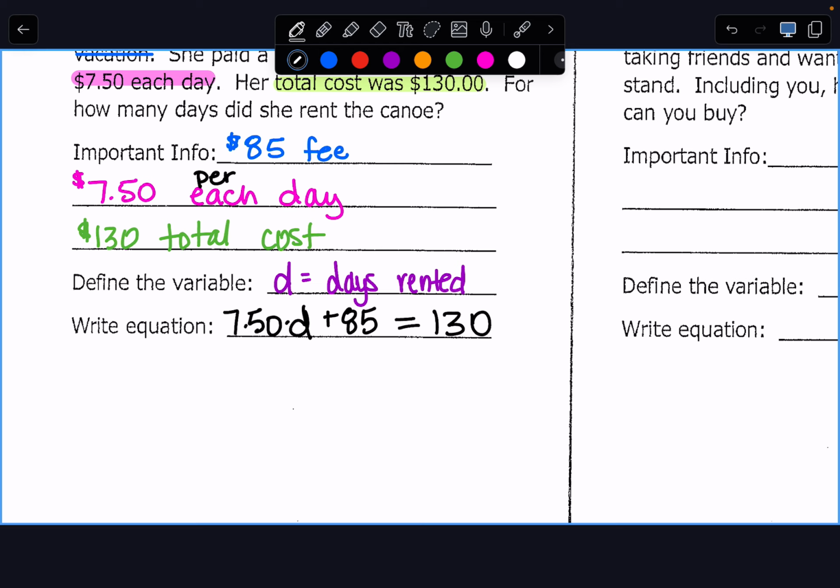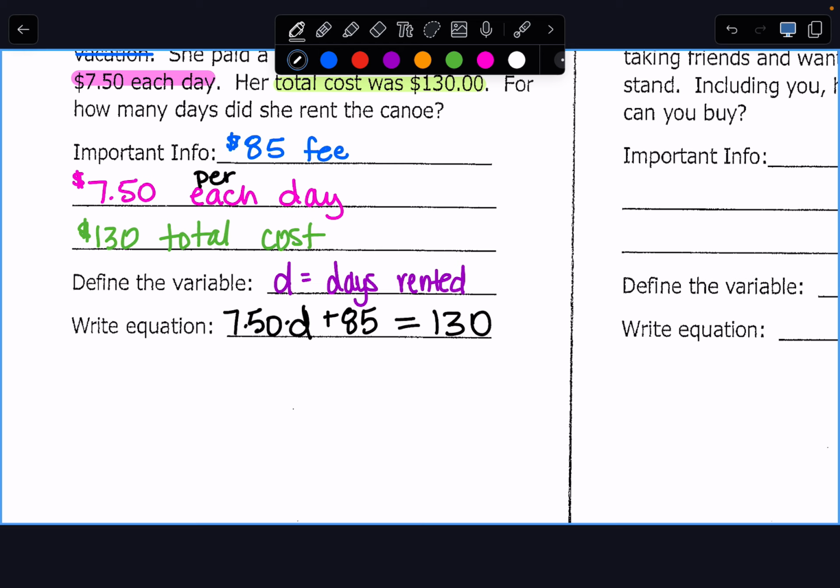Okay. Now, this right here is the most important part about what we do today. We need to be able to read the paragraph and write our equation, okay? Yes, I care about you being able to solve it, but that's kind of a secondary skill. I have a question.